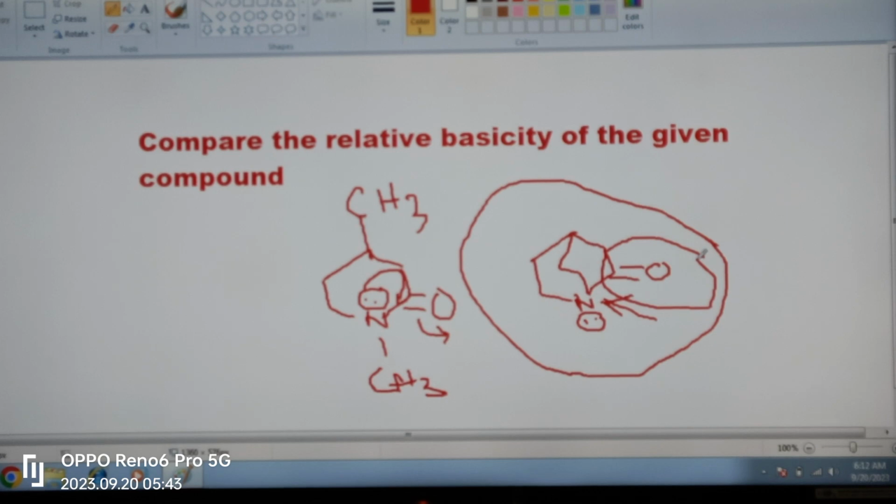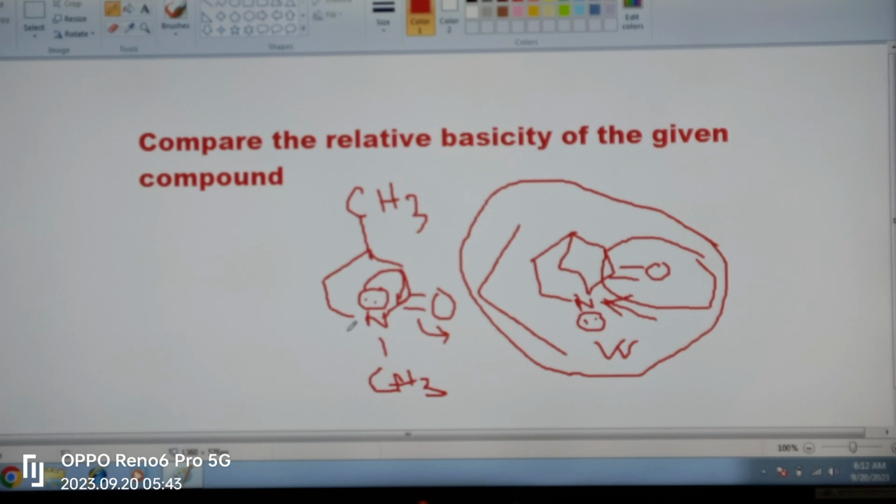So the availability of the lone pair in the second compound is much more compared to the first compound. So the basicity of compound B, the bridged nitrogen atom, will be more compared to the previous one.